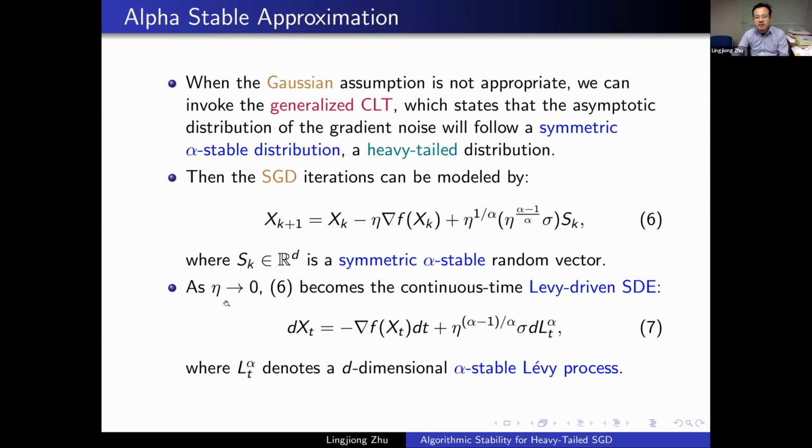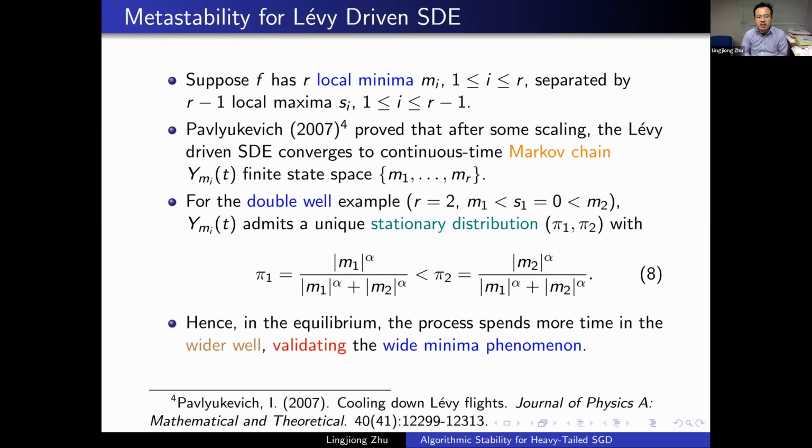Now, if eta, the step size, is sufficiently small, then essentially you are looking at a continuous-time Levy-driven SDE. So equation 7 is essentially a continuous-time Levy-driven SDE. For that, there's a metastability result coming from the statistical physics literature, which says that if you look at a bunch of local minima M_i, they are separated by several local maxima S_i.